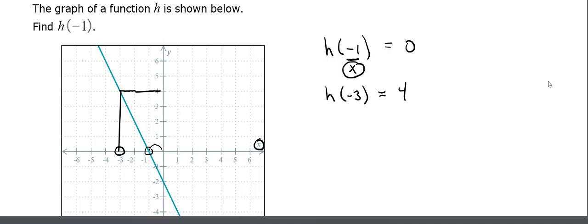One more. Let's say we're asked to find h at -4. So we come to -4 on our x-axis and either move up or down depending on where our graph is. In this case, we move up until we hit the graph, and the corresponding y value in this case would be 6.